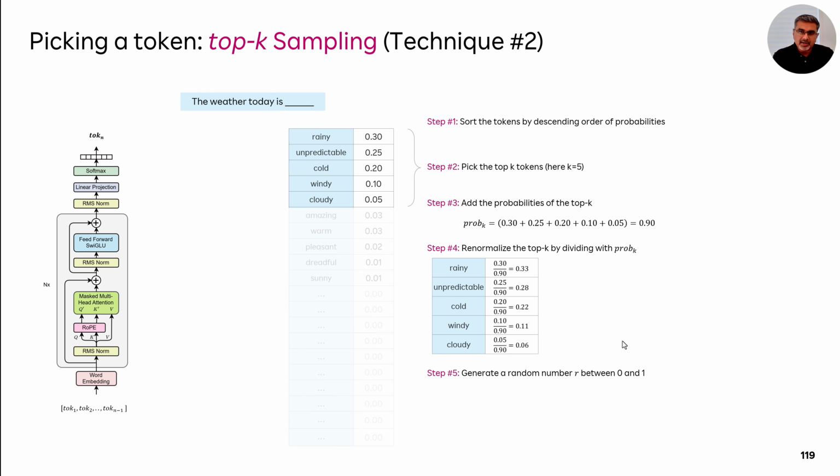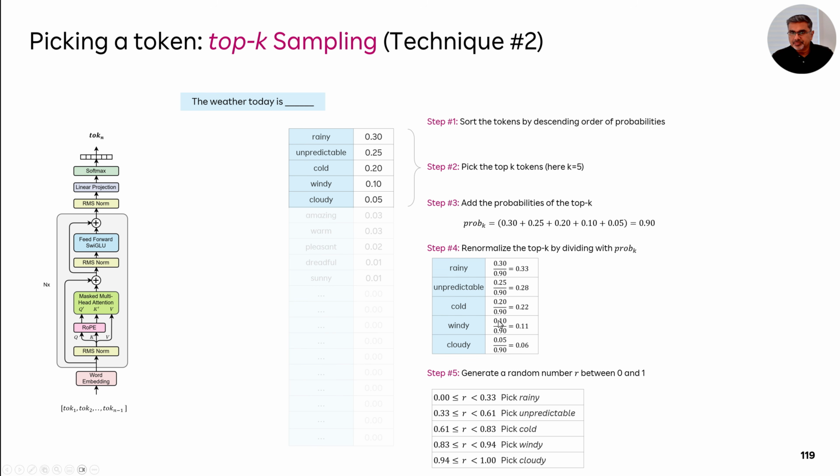Once you renormalize, at the time of generation you generate a random number, a value between 0 and 1. If the value you generate is between 0.00 and 0.33, you pick rainy. If it is between 0.33 and 0.61, you pick unpredictable. If it is between 0.61 and 0.83, you pick cold.